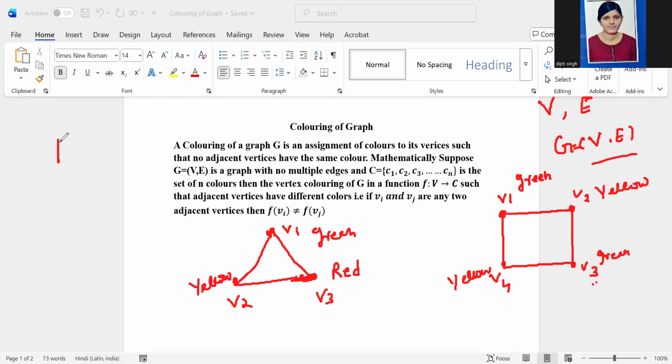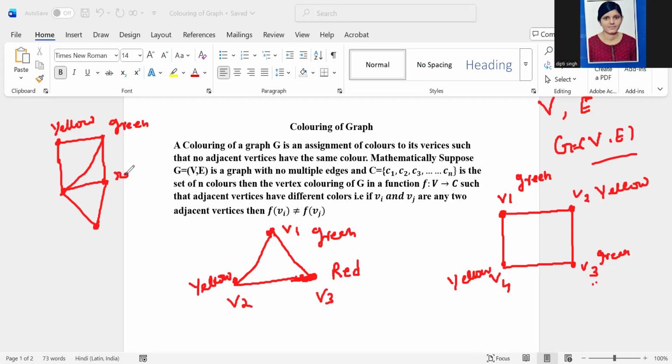Suppose we have another figure like this. Then how to color this one? If we color one vertex yellow, then we cannot color its neighbor yellow, so we can color it by green. Also, these two vertices are adjacent to each other, so we need to take different colors.